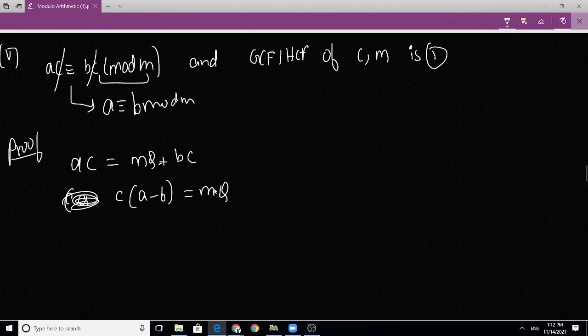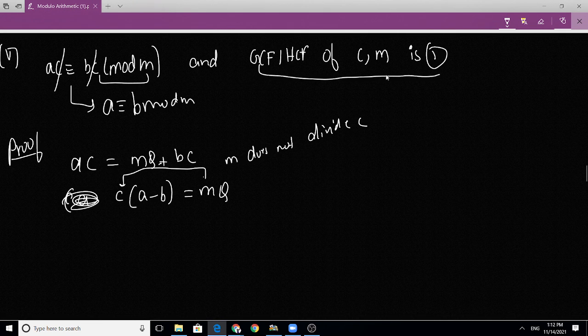We know that m does not divide c, because the GCD or HCF of c and m is 1.